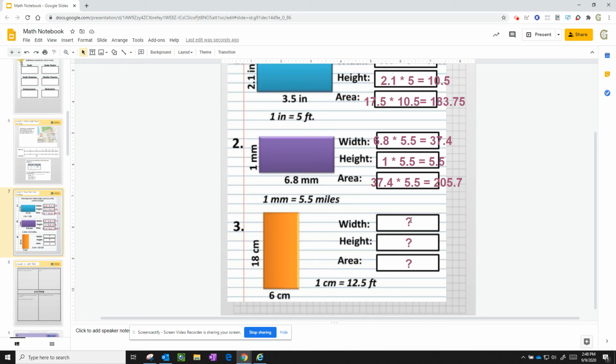Okay, so let's check, see how you did. For width, you should have done 6 times 12.5, which is 75. For height, you should have done 18 times 12.5, and we get 225.